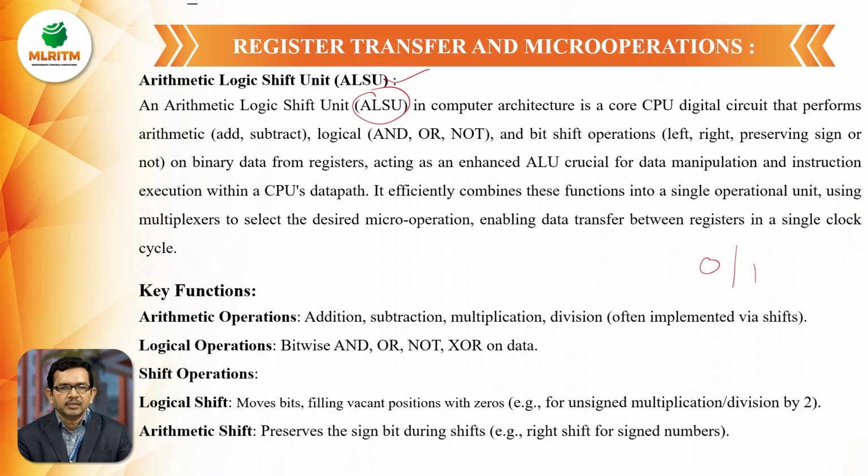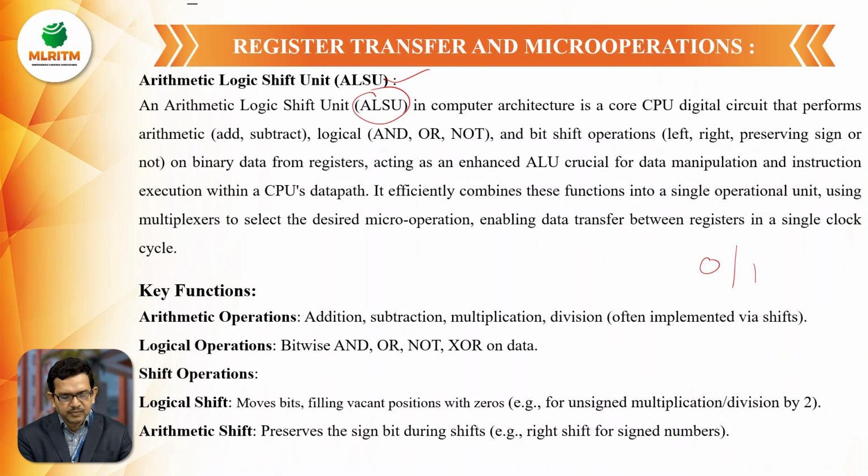If it is 1, the operation is executed. If it is 0, the operation is stopped. It is like a flip-flop, 1 and 0. The signal is passed to the registers, where the register performs different types of operations.